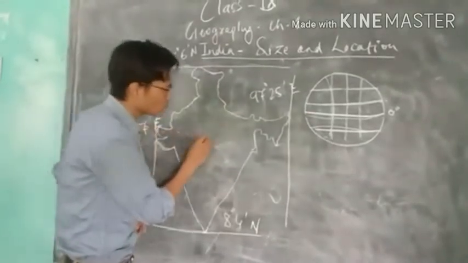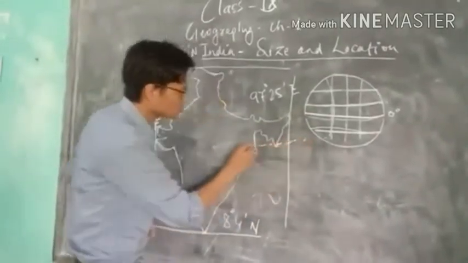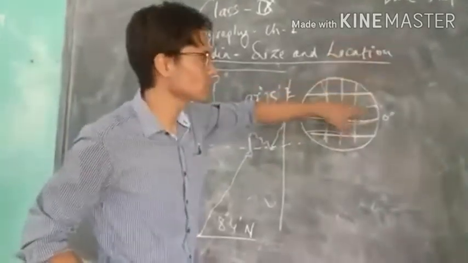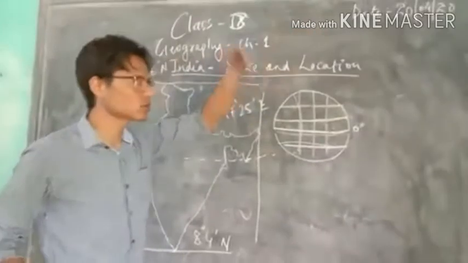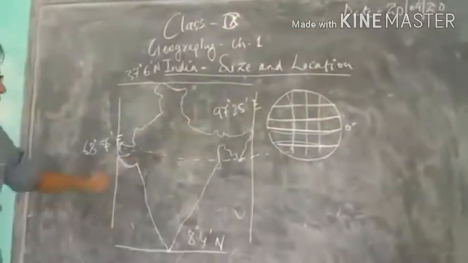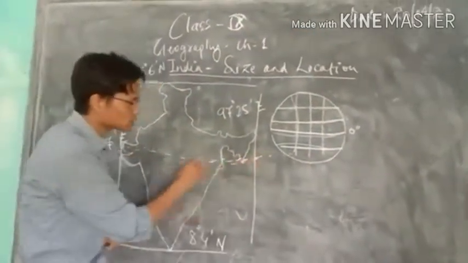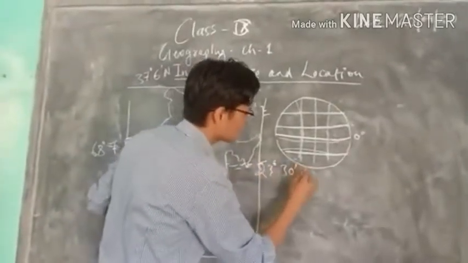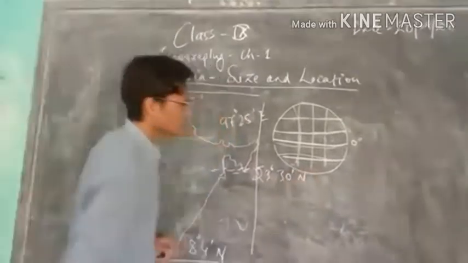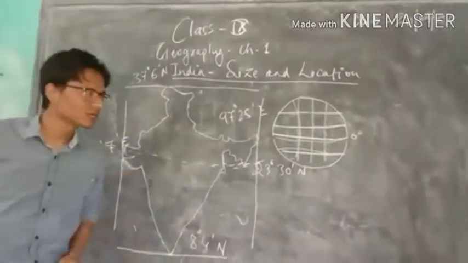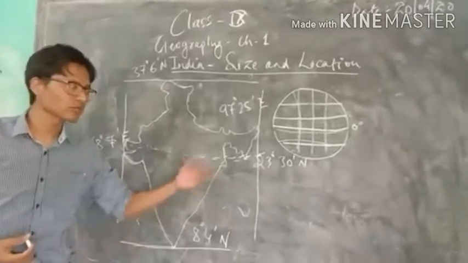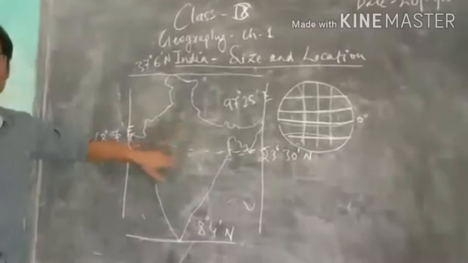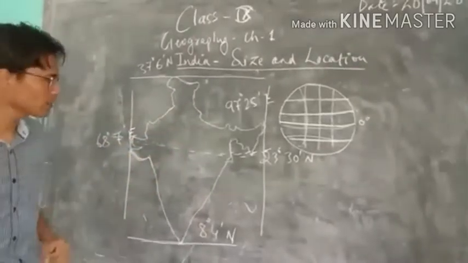The Tropic of Cancer is above the equator in the northern hemisphere, and its latitudinal position is 23 degrees 30 minutes north, or 23 and a half degrees north. So this almost divides India into two equal parts.